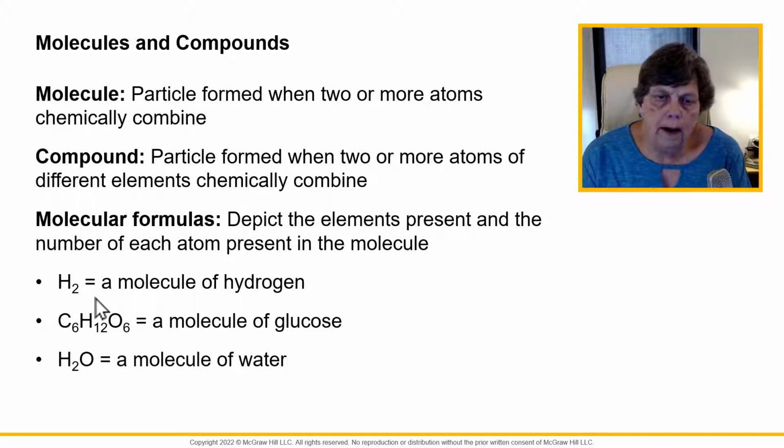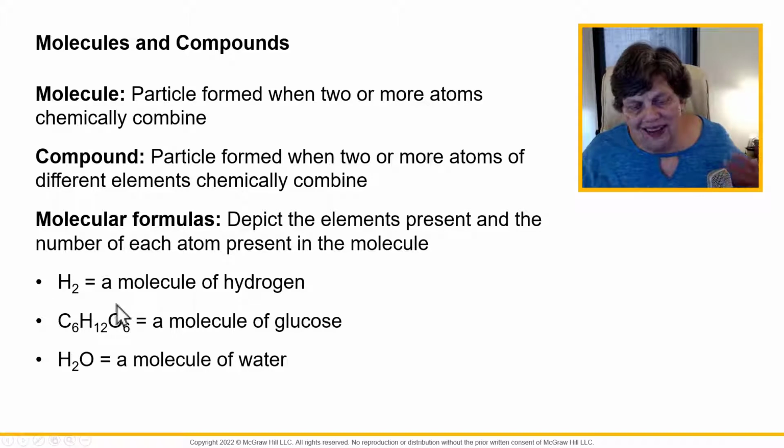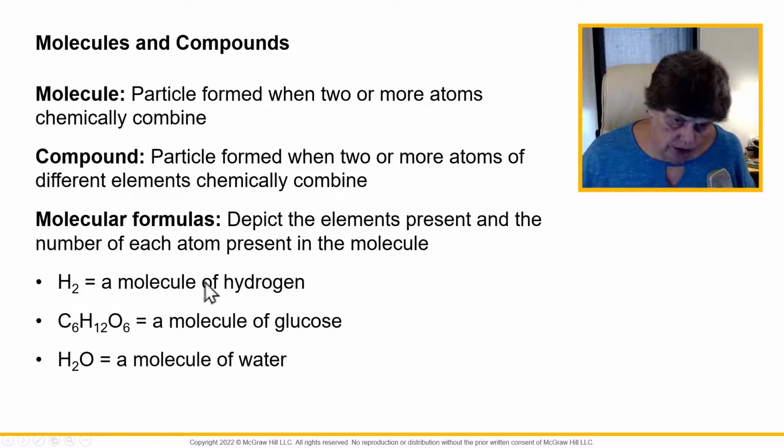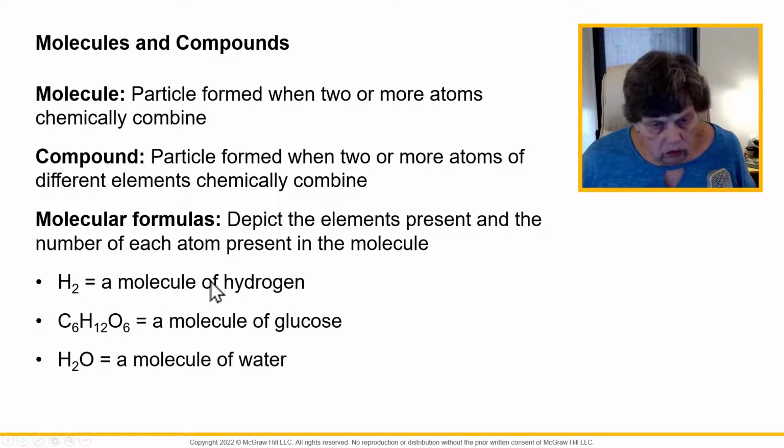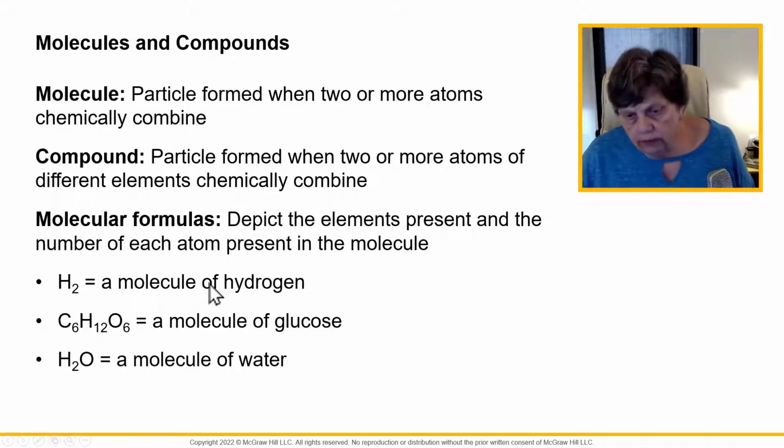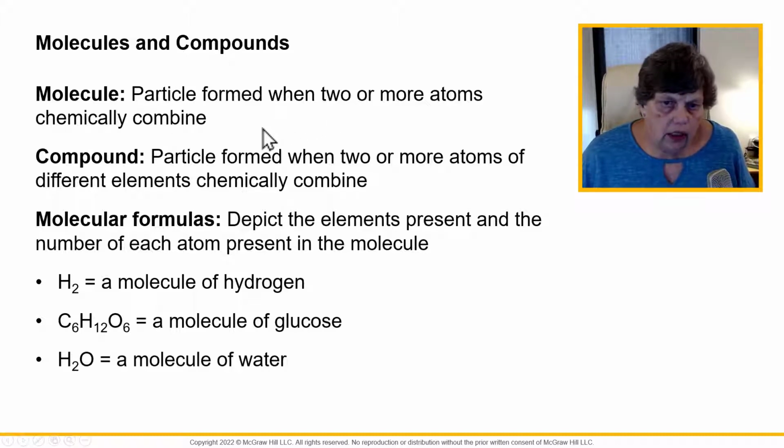So when we have a molecule, we have 2 or more atoms that chemically combine. For example, we have down here a molecule of hydrogen, H2. That's the usual form of hydrogen. O2, oxygen, is the usual form of oxygen. So those are molecules.